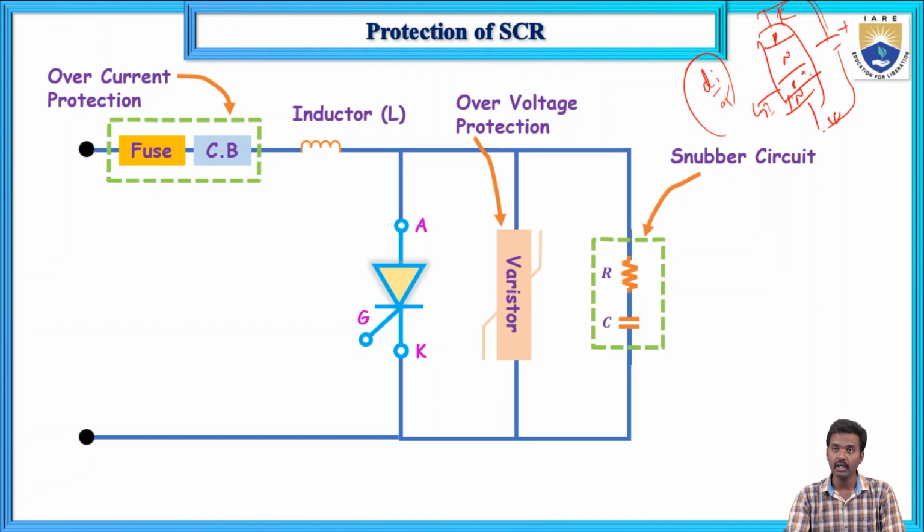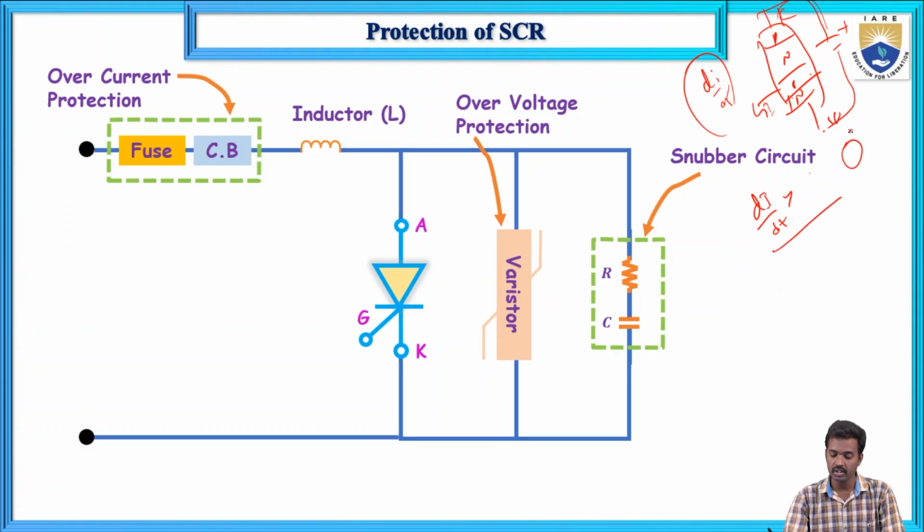This anode current takes time to spread inside the SCR. If di by dt is greater than the space velocity of the charges, hot spots may be created.